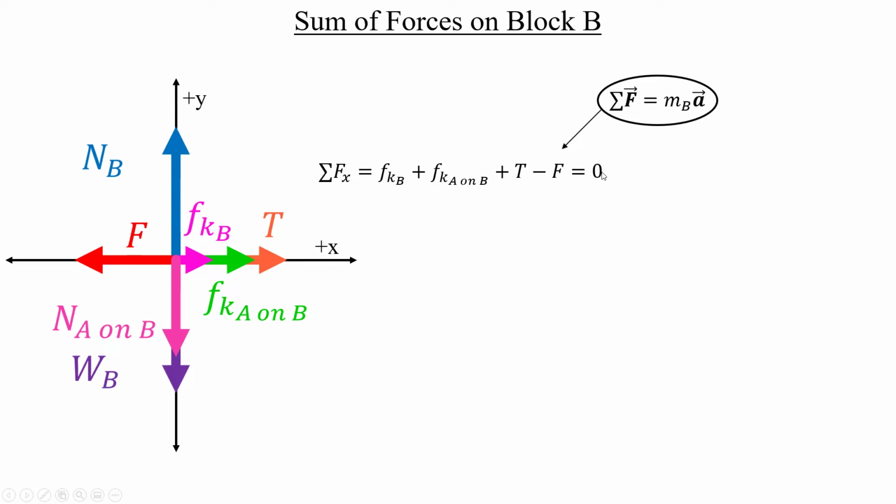And since the whole goal of this problem is to solve for F, we can make it easy on ourselves and just move F to the other side. And now we just have to decipher what all this stuff is and try to get to some variables that we know. What can we do?